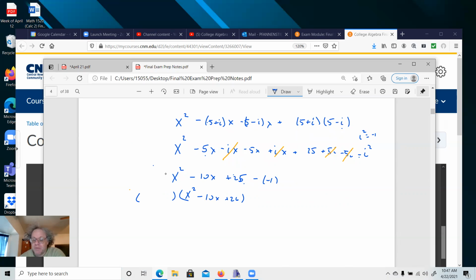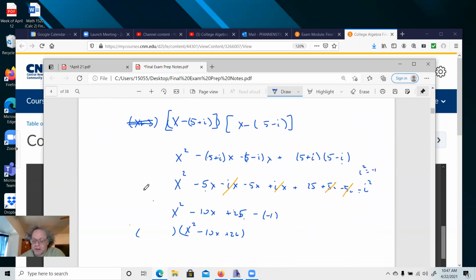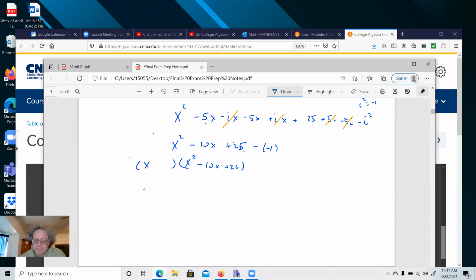And now we can put in our original thing here. This is x plus 3. Let's multiply this out. So what are we going to have? We're going to have x cubed minus 10x squared plus 26x. That's this one. And then we're going to have a positive 3x squared, that's here, minus 30x.